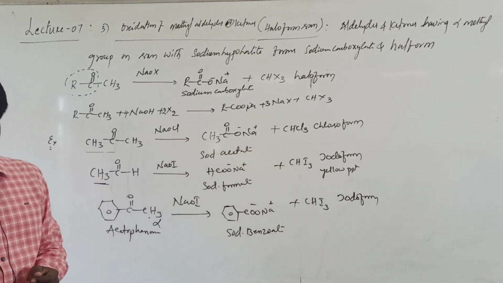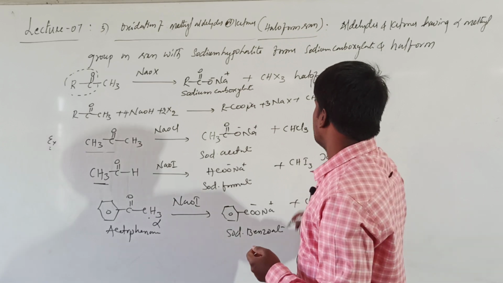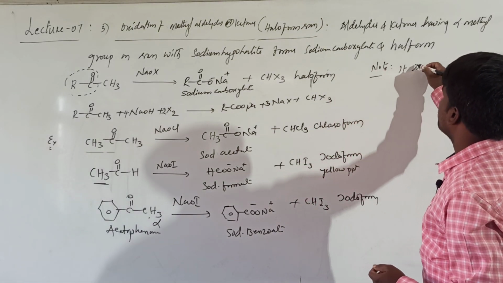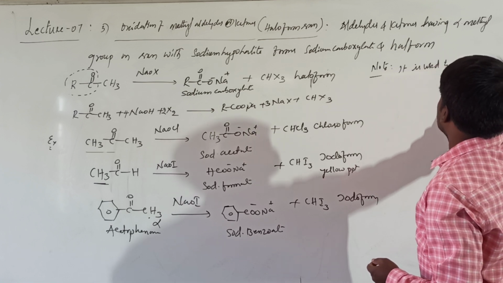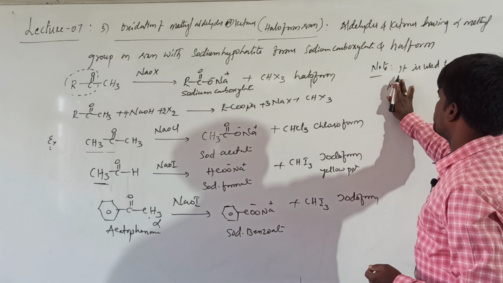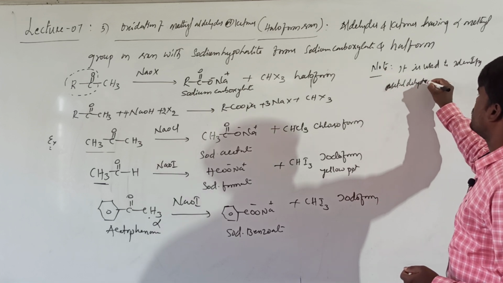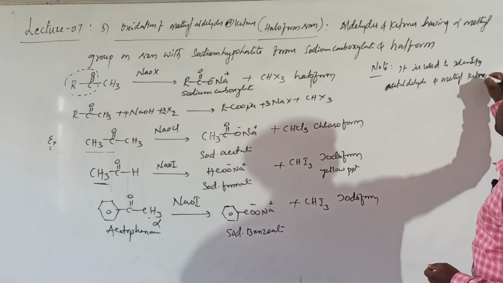Okay, this is also one of the important reactions which is useful for identification. What is the importance of this particular reaction? It is used to identify acetaldehyde and methyl ketones.